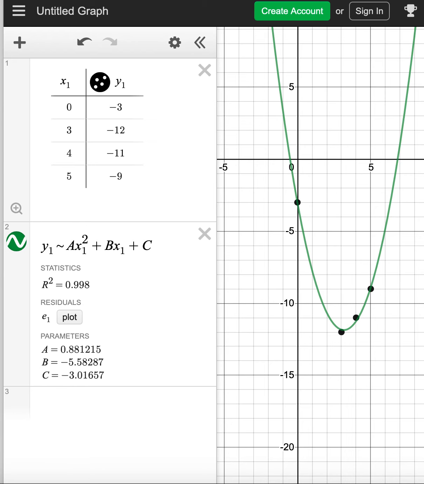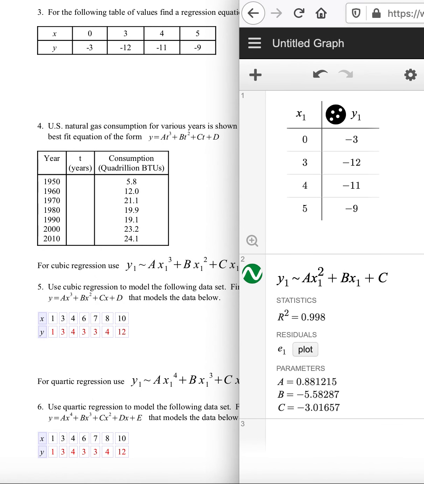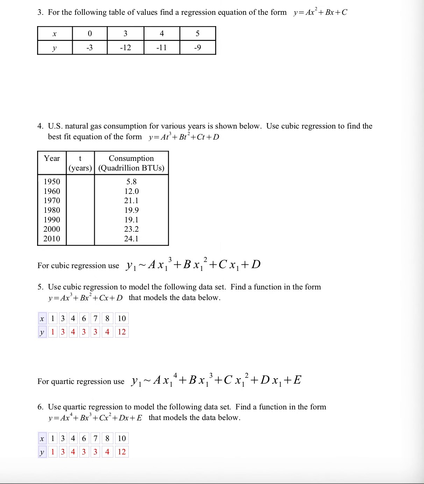Anyway, our A is 0.88. Our B is -5.58. And our C is negative 3.02. So let's write those down.